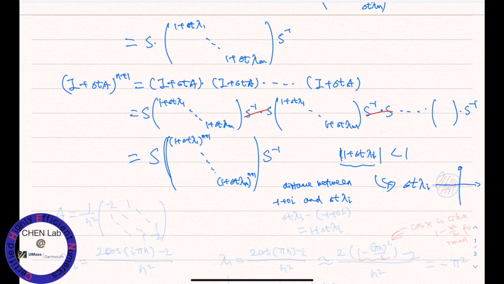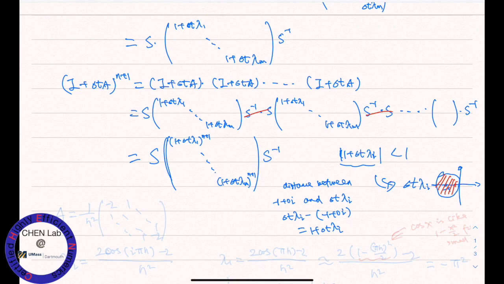When you calculate the distance, you subtract them. So it's delta t lambda i minus negative 1 plus 0 i. If we go back to our notes, that's of course 1 plus delta t lambda i. So that becomes the distance. You have our point negative 1, 0, and the region being all the points that are less than distance 1 away. That's a circle. All the points on the complex plane whose distance to this point is less than 1. That's exactly the definition of this disk.